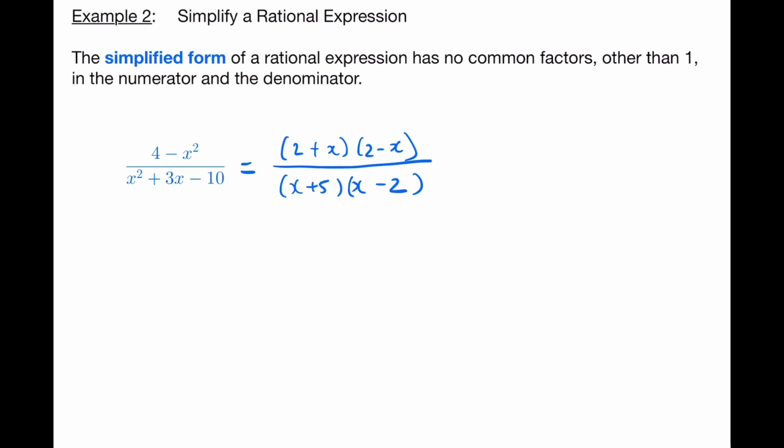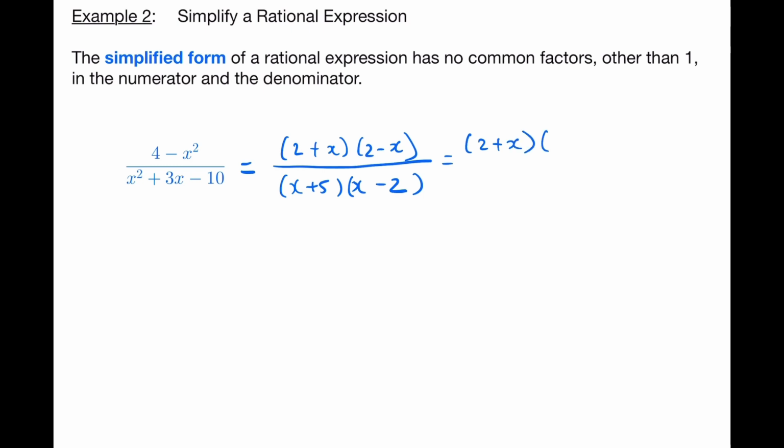Okay, now in this situation, it is not super clear that we can eliminate anything in the numerator as well as the denominator. But what we do notice is that 2 minus x and x minus 2 are fairly close. And so what we need to do is factor out a negative 1 in this case. So when we factor out a negative 1, I'm going to go ahead and rewrite the numerator.